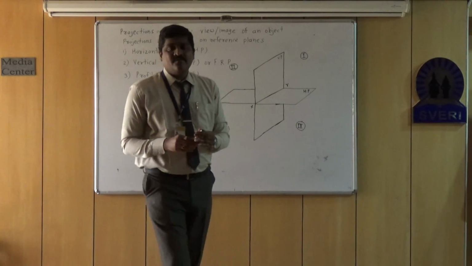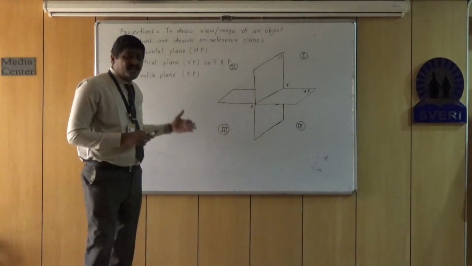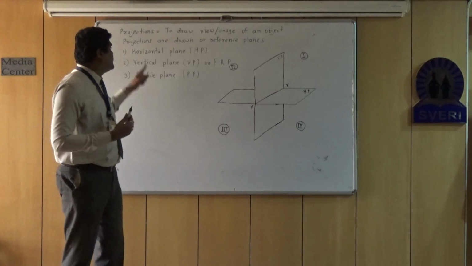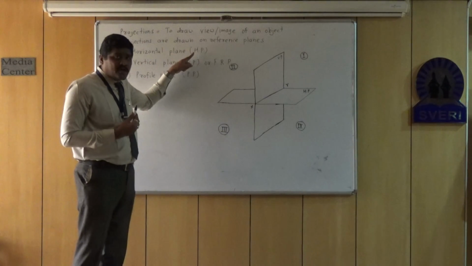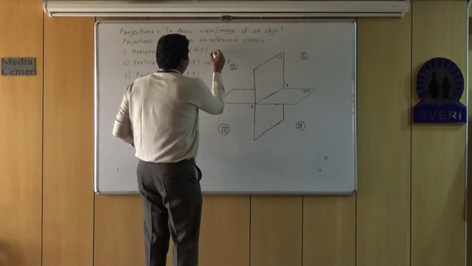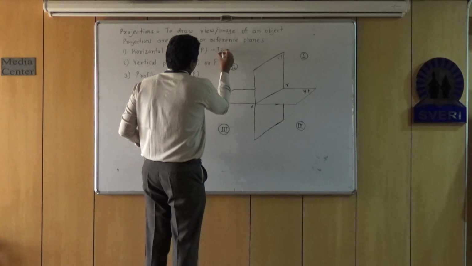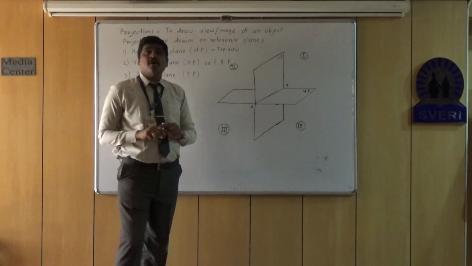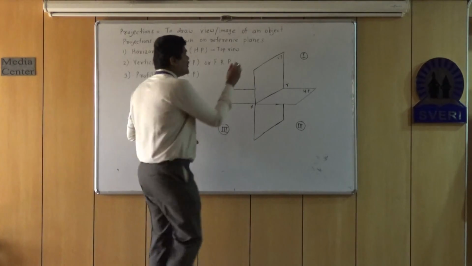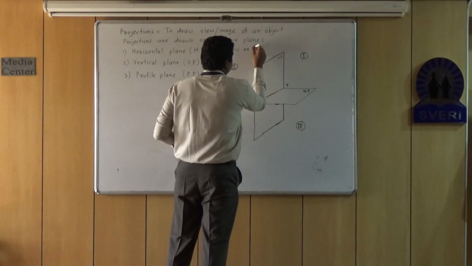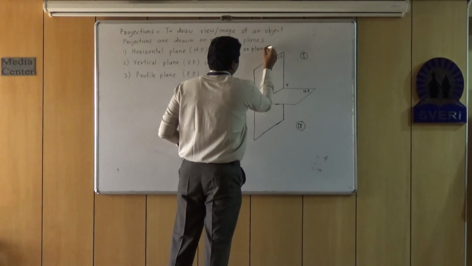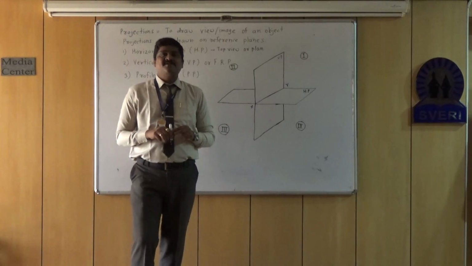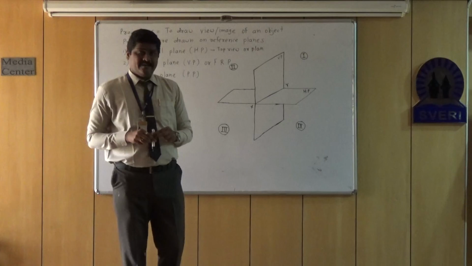So in total we can say that the combination of different reference planes and the views obtained can be marked as, in horizontal plane or HP, we obtain top view of the object, which is also called as plan of the object. So whenever we see plan of a building, it is actually nothing but the top view of the building.